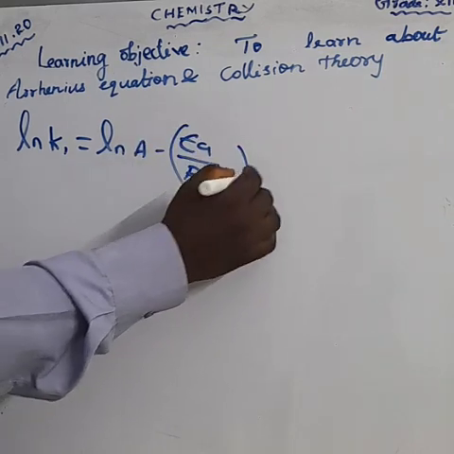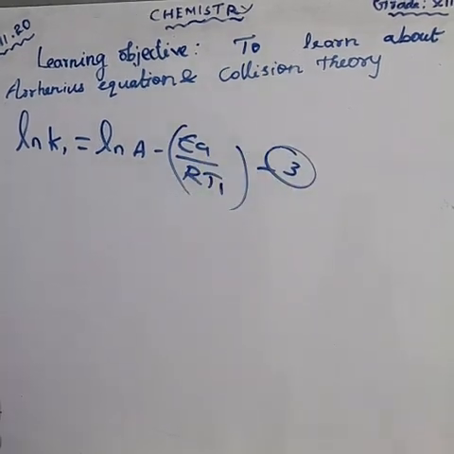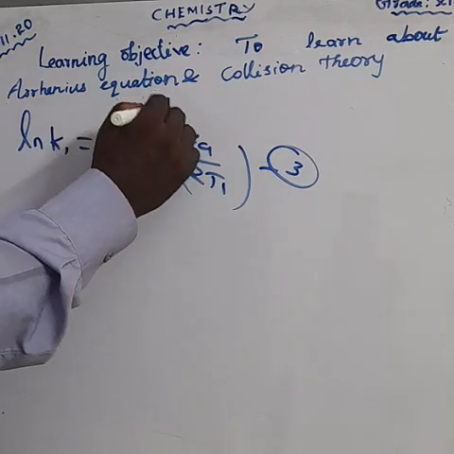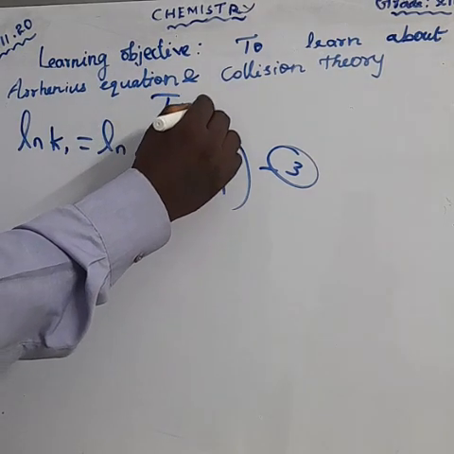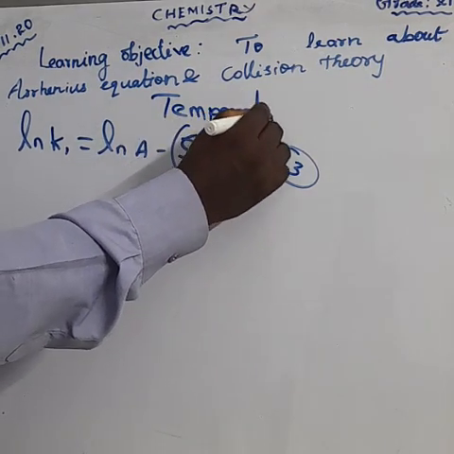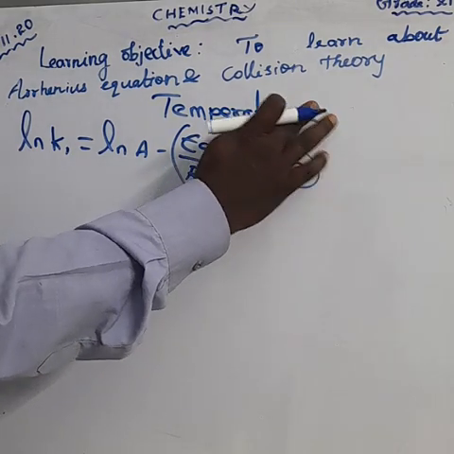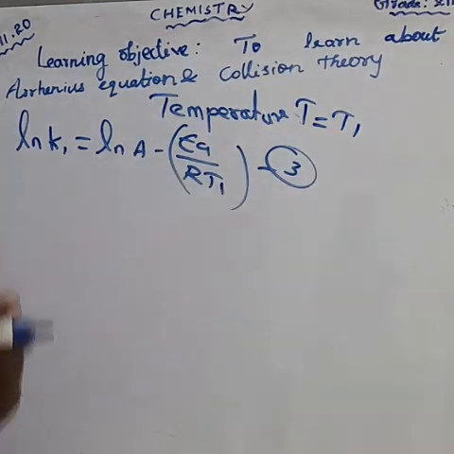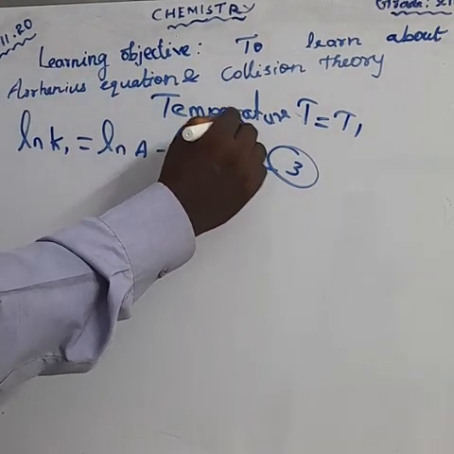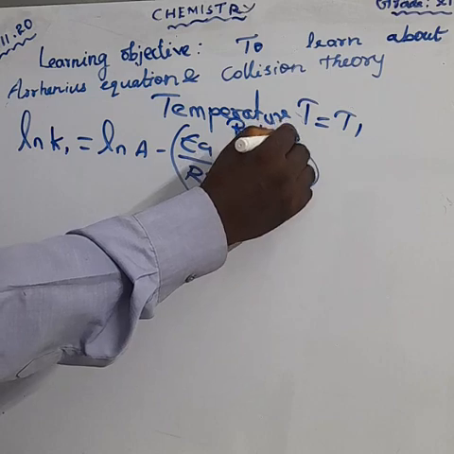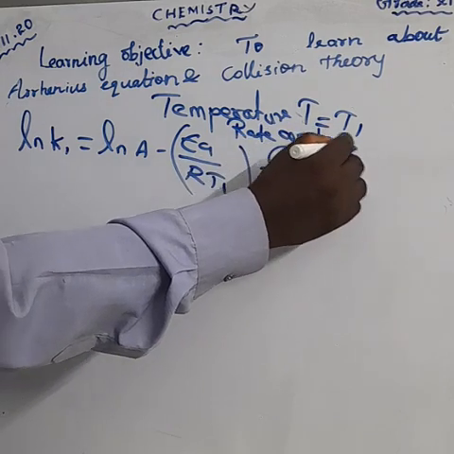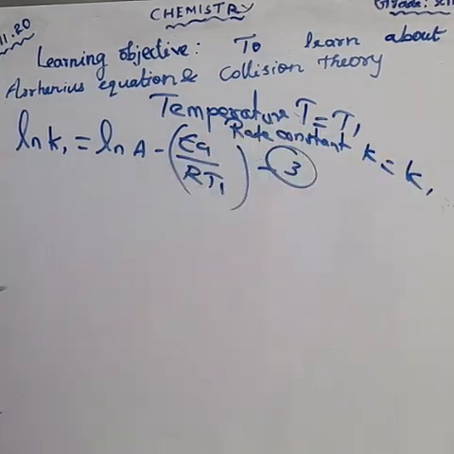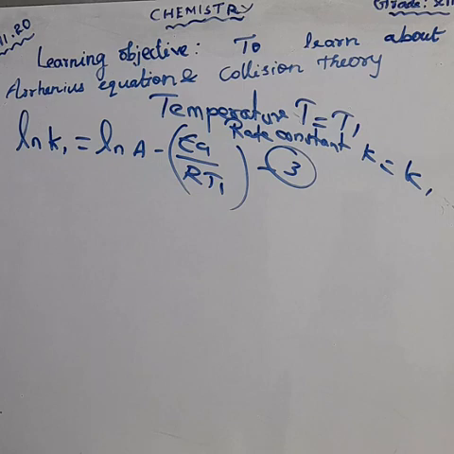This is equation number 3. That means the temperature T is equal to T1 and the rate constant K is equal to K1.